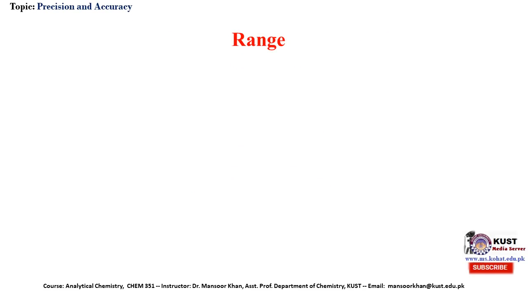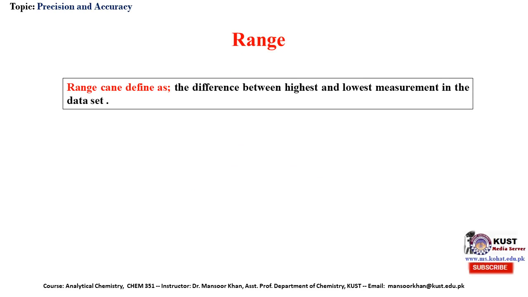Now the first one is range. Range can be defined as the difference between the highest and lowest measurement in the data set. During measurements, we obtain a data set which consists of a large number of measurements.